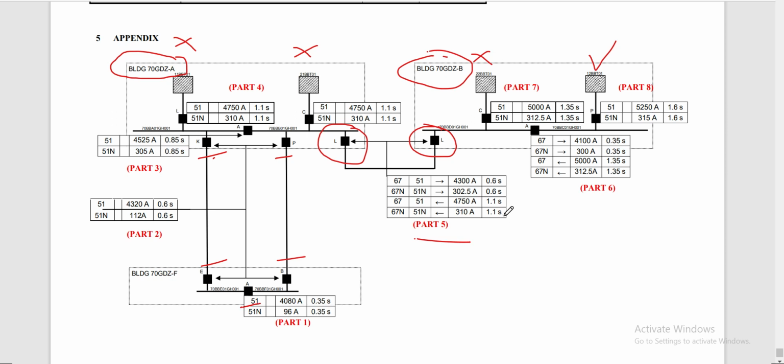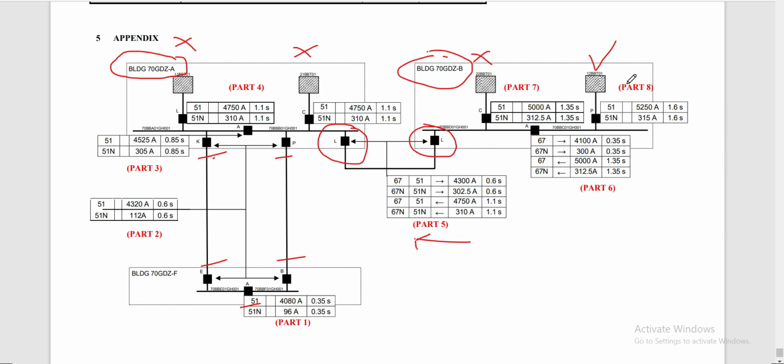1.1 seconds because the power is coming from here and the direction is going to the left. So we assign 1.1 seconds because it has to be coordinated with this relay from here, which is assigned 0.85 second. Next, for our bus coupler, the directional overcurrent relay, the time pickup is 1.35 seconds to coordinate with our cross-tie feeders, which is 1.1 second.